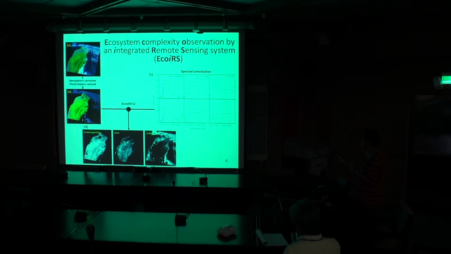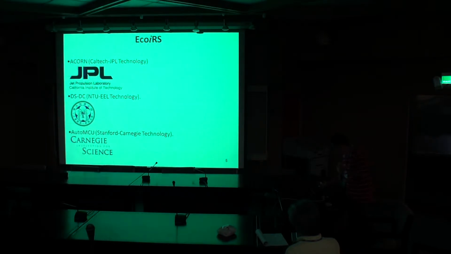We measure these using a handheld portable spectroradiometer, and then we resample it, in this example, to Landsat images. Then we do something called Auto-MCU, a kind of spectral mixture analysis. For each pixel, we use Monte Carlo mixing to estimate its mean value and uncertainty.